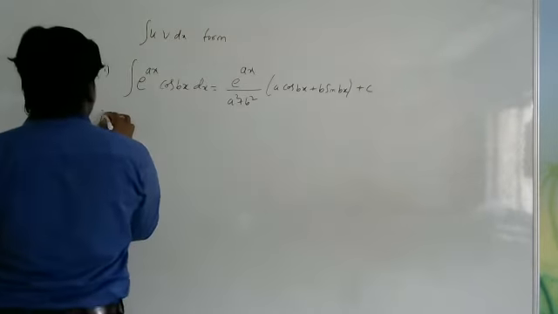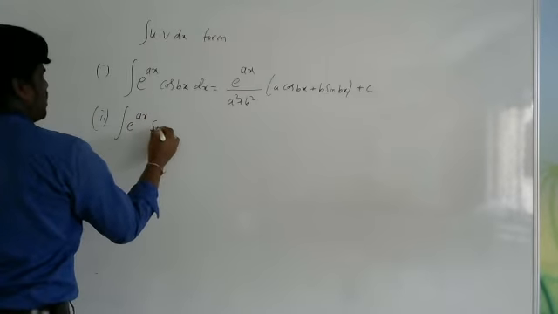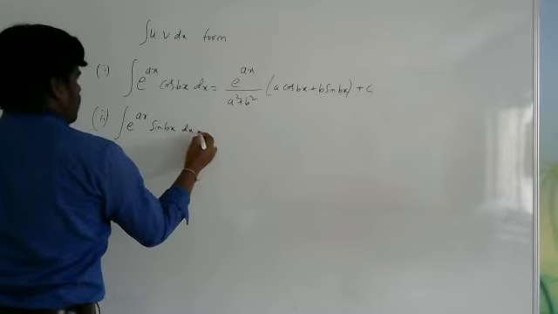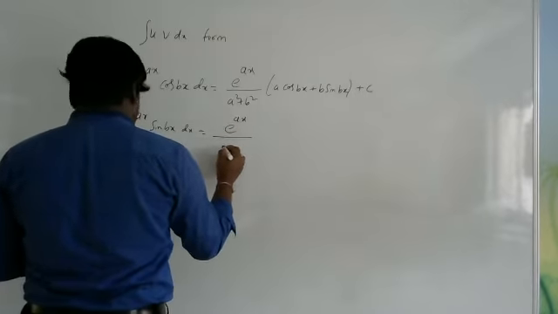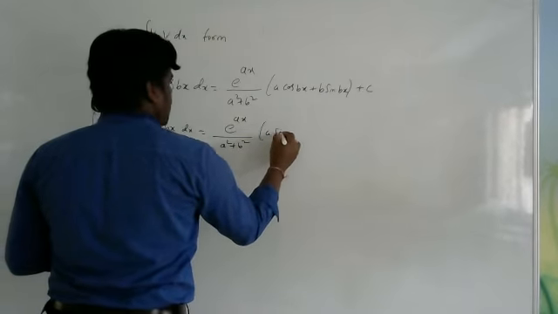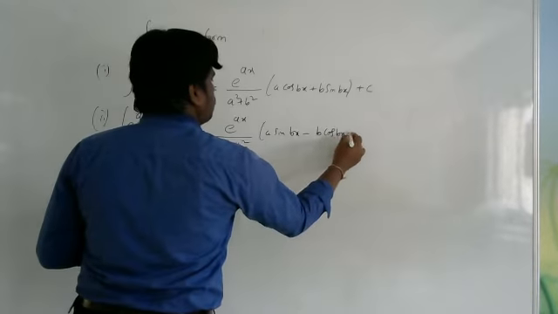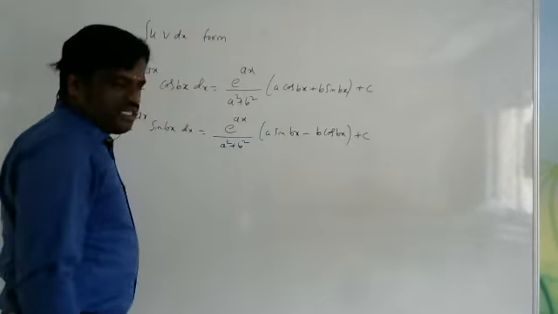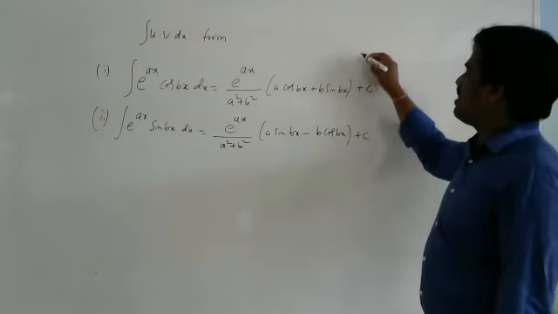Second formula, integration of e to the power of ax sin bx dx is equal to e to the power of ax divided by a square plus b square, (a sin bx minus b cos bx) plus c. So these are the two shortcut formulas.